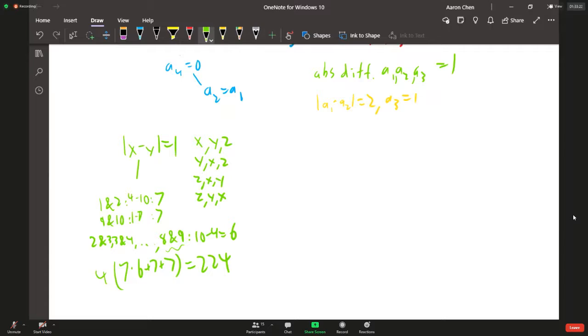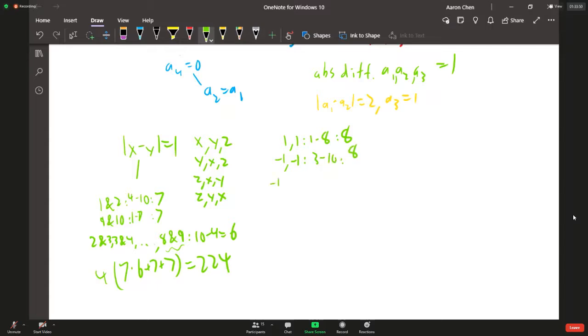So if the difference is 1 and 1 for both times, then the starting term would be from 1 through 8, which is a total of 8 possibilities. And if the difference is -1 and -1 both times, then you would have that it's from 3 to 10, and this is also 8.